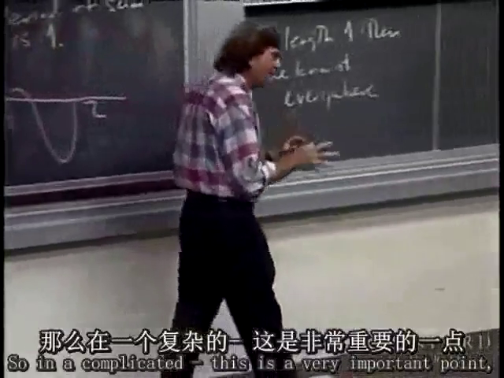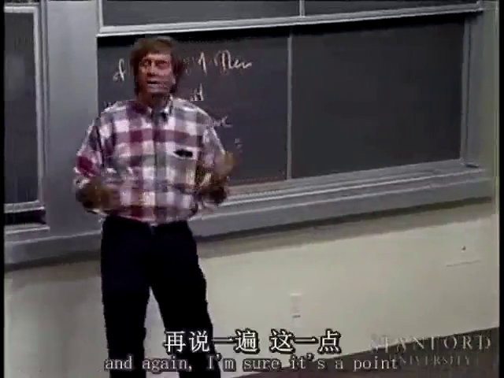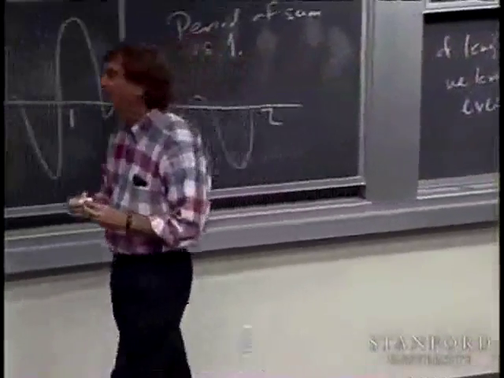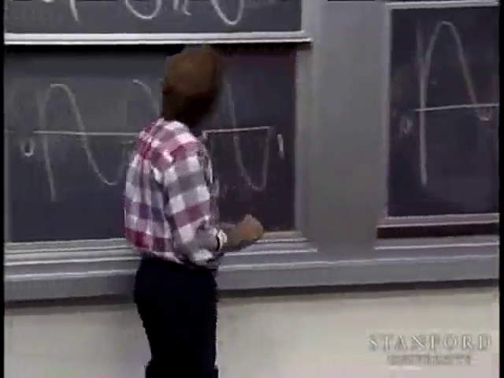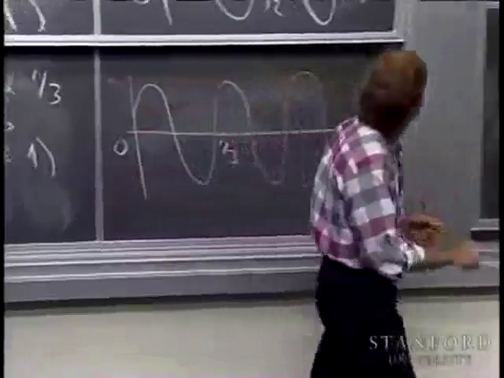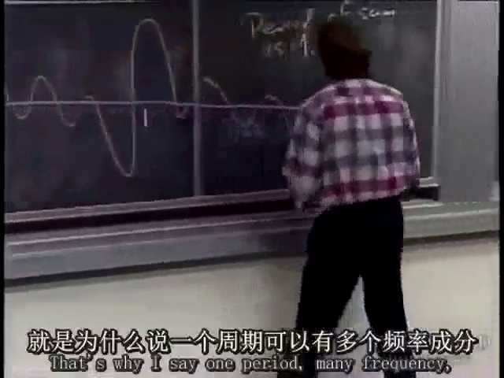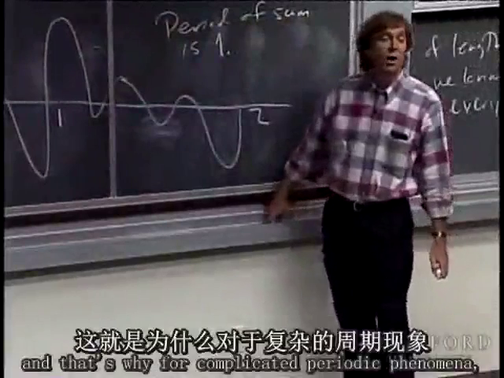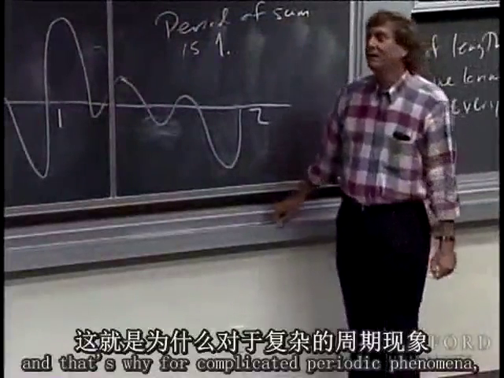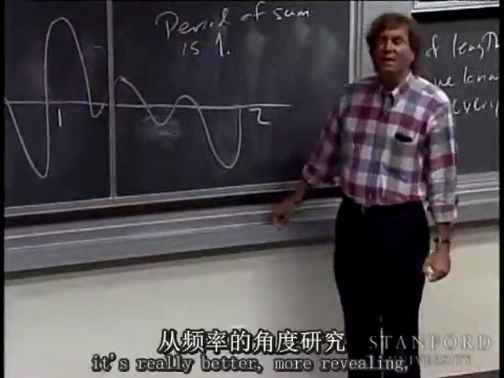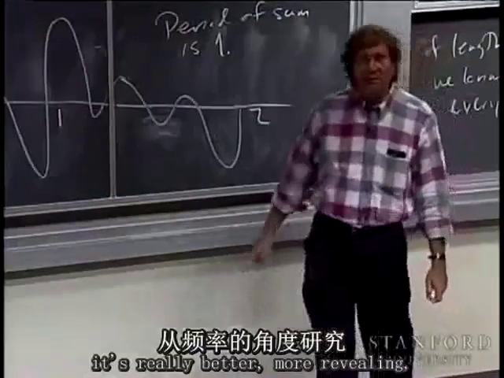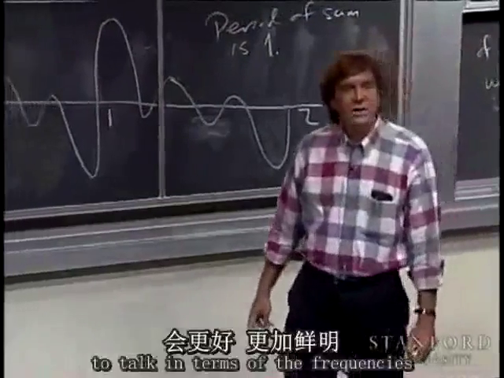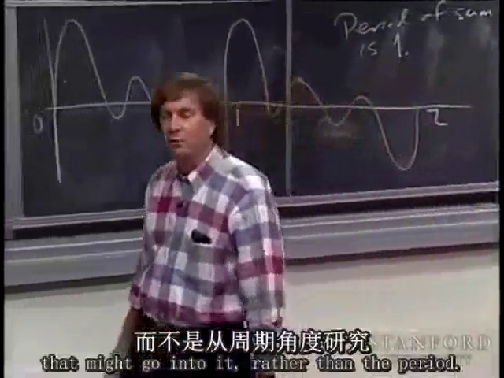So this is a very important point, and again, I'm sure it's a point that you've seen before. That's why I say 1 period, many frequencies, and that's why for complicated periodic phenomena, it's really better, more revealing to talk in terms of the frequencies that might go into it rather than the period.